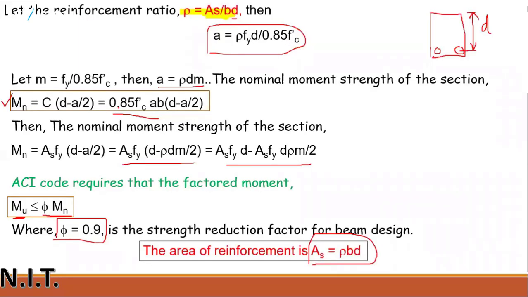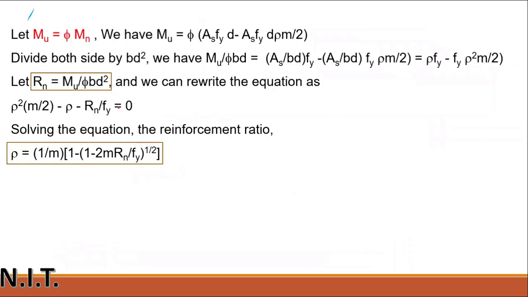Okay, these are the formulas which we will study, and a few more formulas which we will have to use in the beam calculation. For example, let Mu equal phi Mn, then Mu can be calculated. This is the actual formula of Mn, the nominal moment.